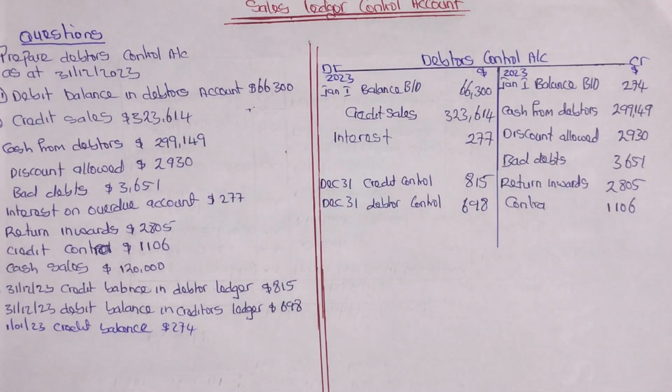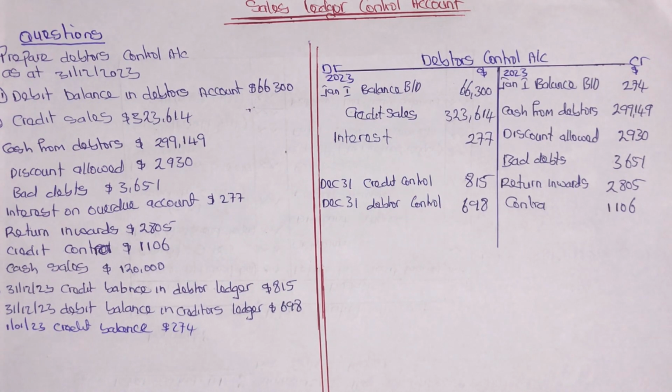We are dealing with the debtors control account, which has a debit balance, meaning the debit side must be greater than the credit side.